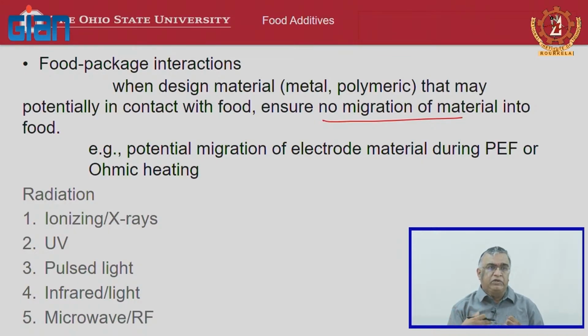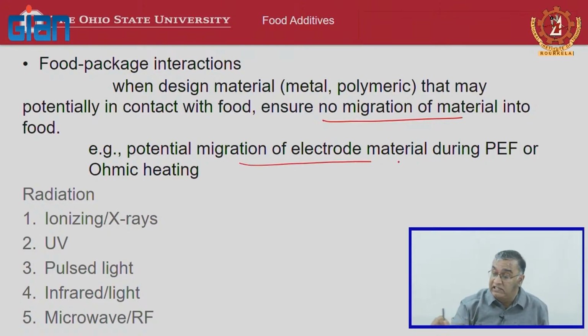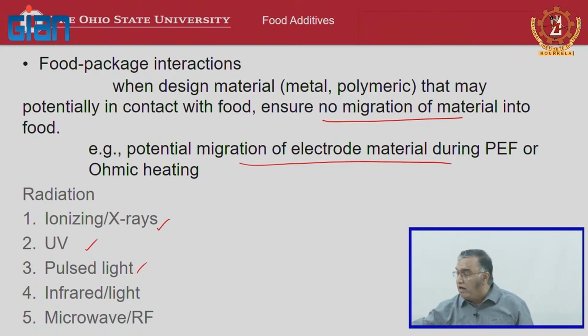When you are preparing new technologies, for example, we talked about PEF or ohmic heating, the electrodes may be pitting and metal can migrate into the food. Even though it may be a small quantity, above a certain threshold it is not acceptable. So, migration of electrode material in PEF is something to consider. In the same way, X-rays, UV, and pulse light are all radiation sources. So, you have to pay proper attention to whether you are going to create any radiolytic compound under certain operating conditions.